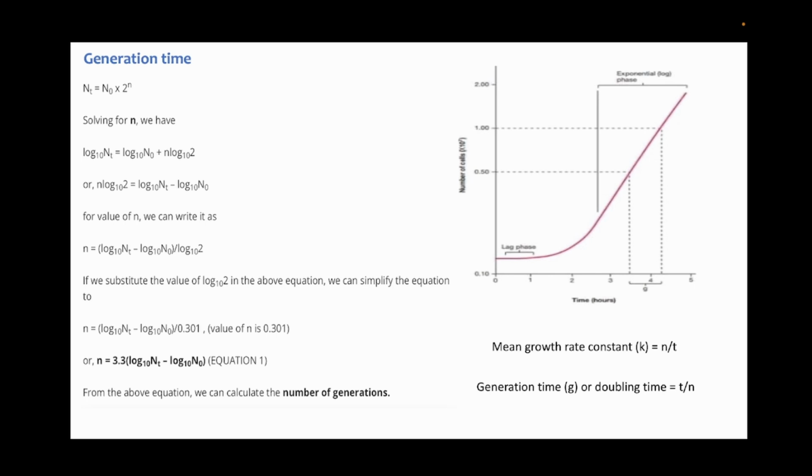So we calculate the generation time during the log phase. Okay? We just want to know during the log phase how fast can they double. The mean growth rate constant is this, whereas the generation time or doubling time is the inverse of the growth rate.